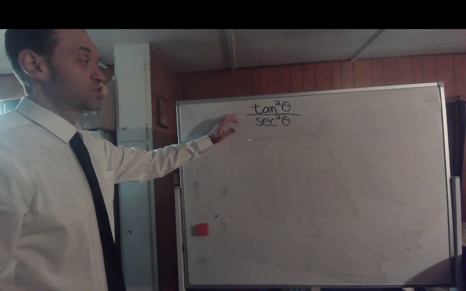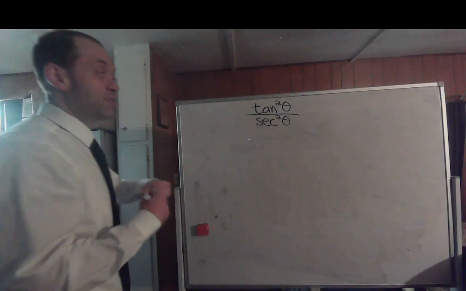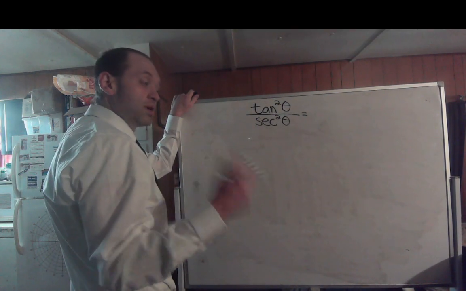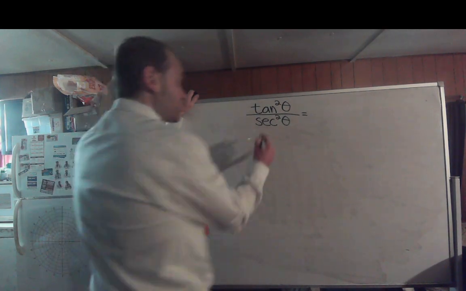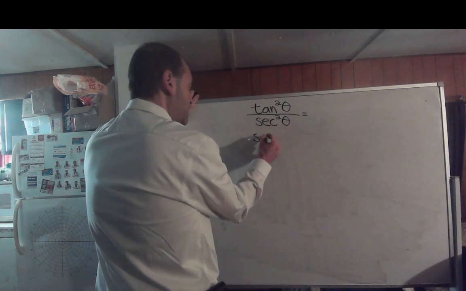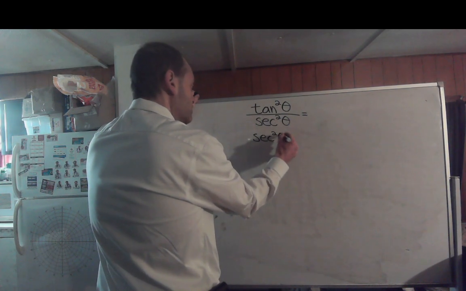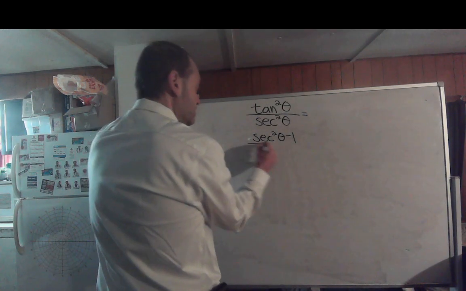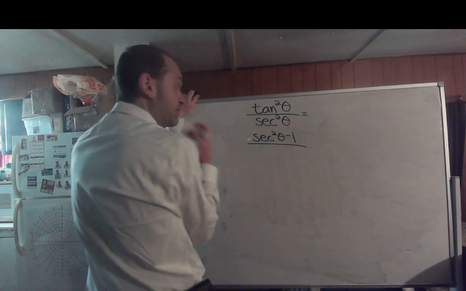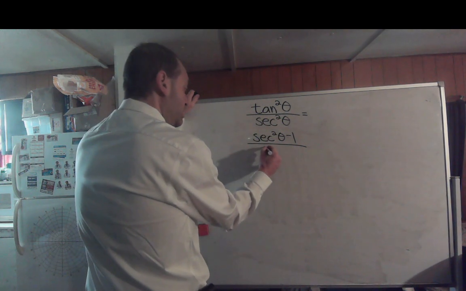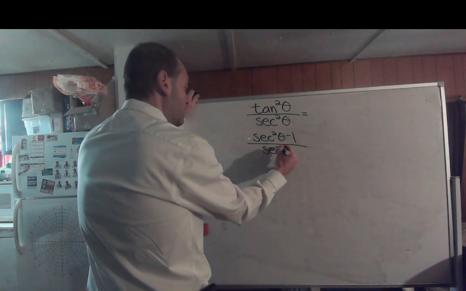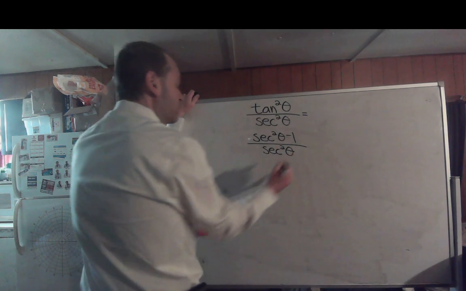So tangent squared, if we remember the Pythagorean identity, 1 plus tangent squared is secant squared. That actually means then that secant squared of theta minus 1 equals the tangent squared. So you can actually end up having secant squared of theta minus 1 all over the secant squared of theta.